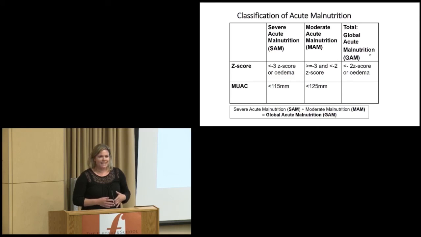And so you'll often see, in reference to defining famine and in the IPC scales that were discussed a little bit in the first panel, we're looking at this total global acute malnutrition, or GAM, and that's really just taking the severe and the moderate and adding them together. And I think one of the things that I'll talk about is just the use of MUAC, or mid-upper arm circumference, and how that's really simplified both the definition of malnutrition and also being able to define famine in some cases more easily.